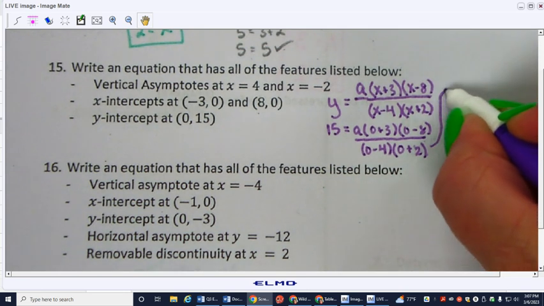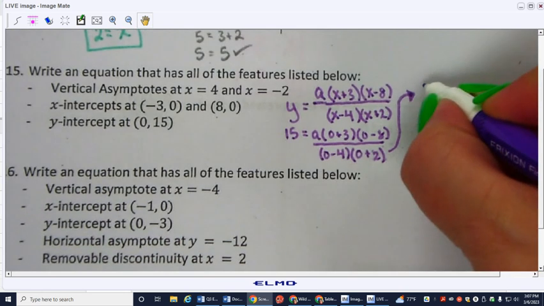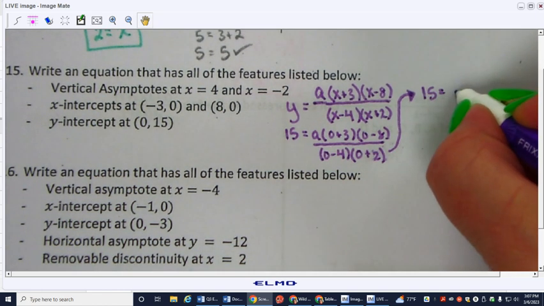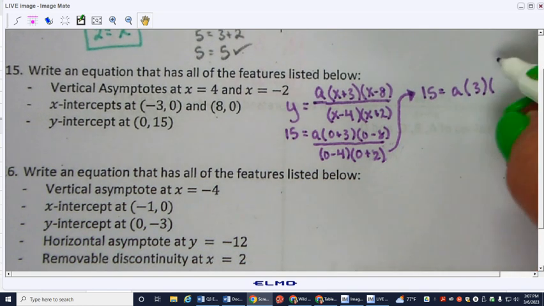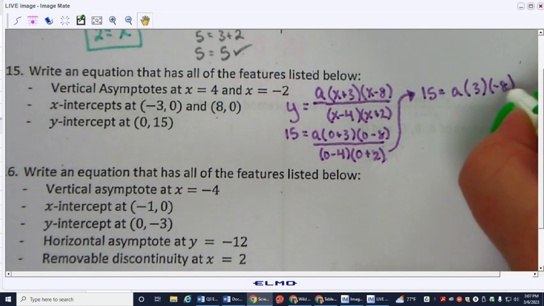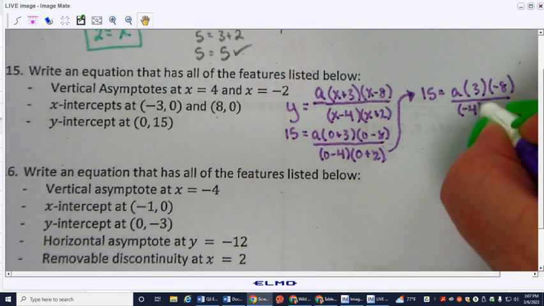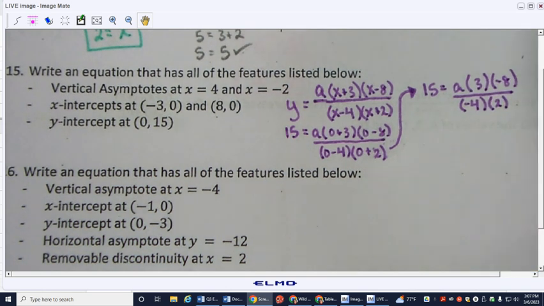All right, I'm going to come up here because I ran out of room. 15 equals a times 0 plus 3 is 3, 0 minus 8 is negative 8, over 0 minus 4 is negative 4, 0 plus 2 is 2.